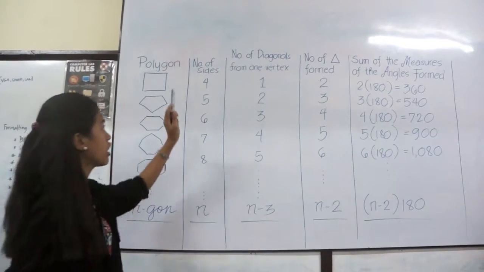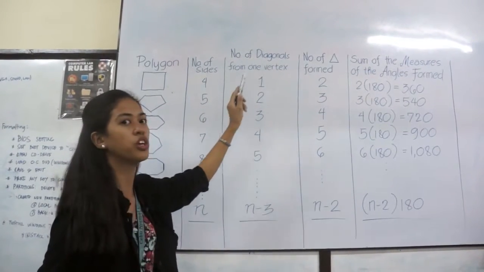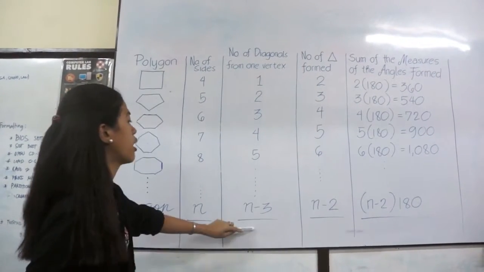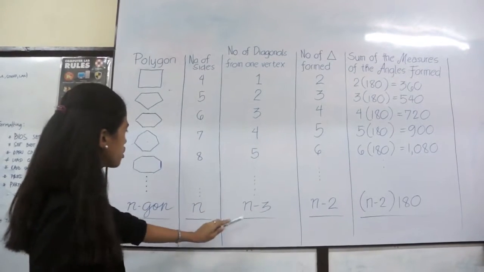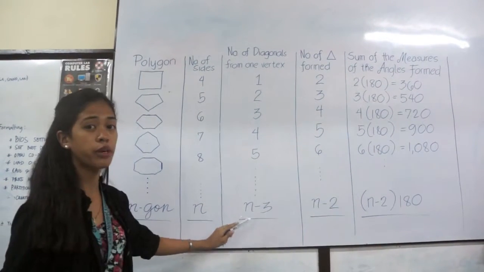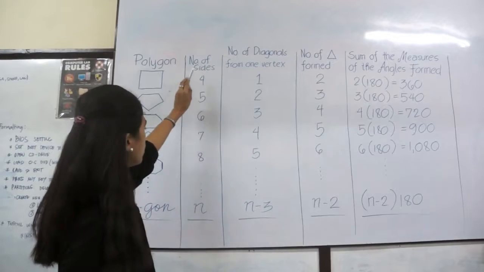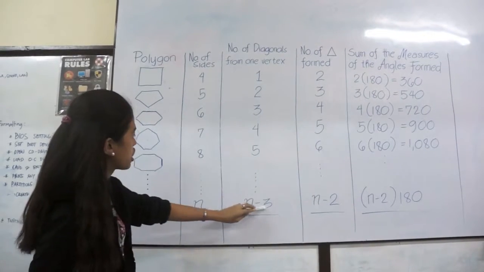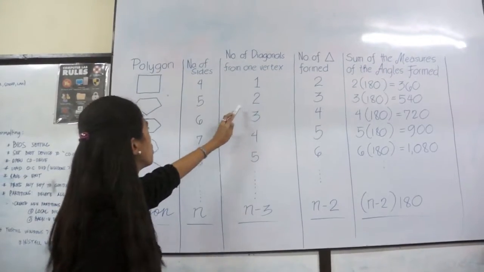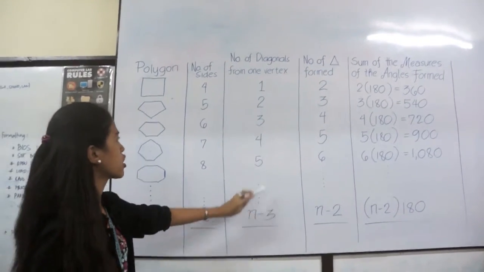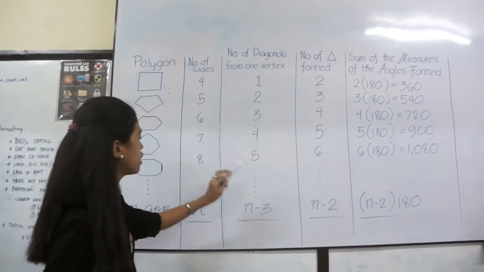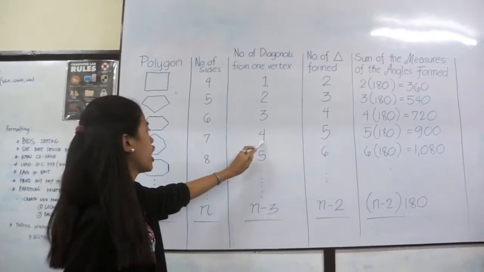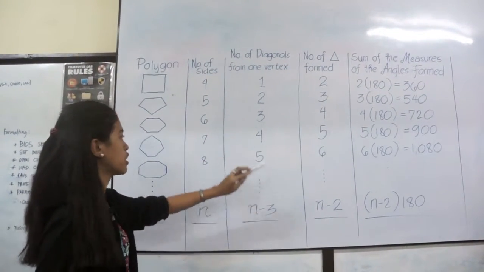So in getting the number of diagonals from one vertex, we have this formula, n minus 3, where n is equal to the number of sides. So 4 minus 3 is equal to 1. 5 minus 3 is equal to 2. 6 minus 3 is equal to 3. 7 minus 3 is equal to 4. 8 minus 3 is equal to 5.